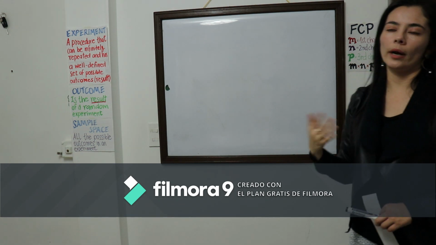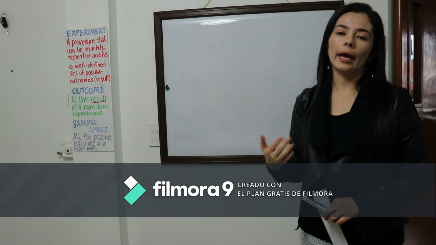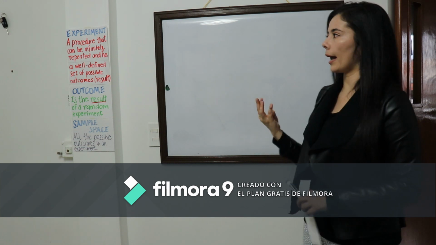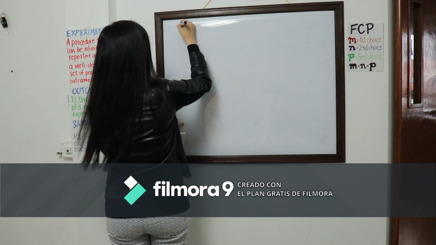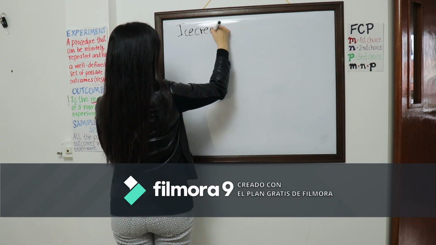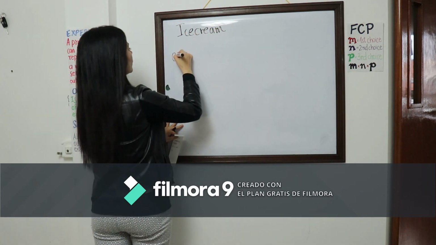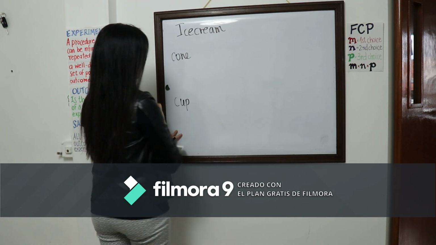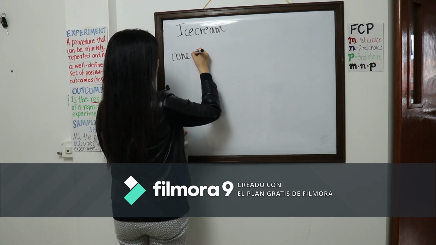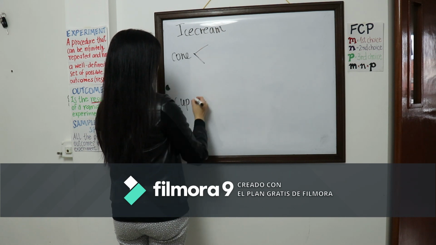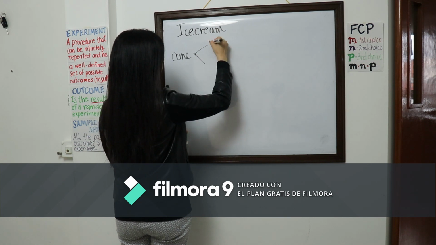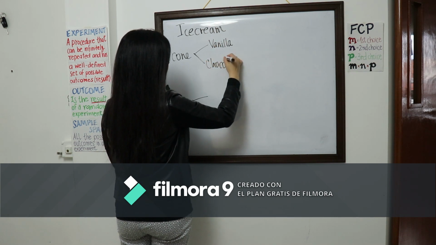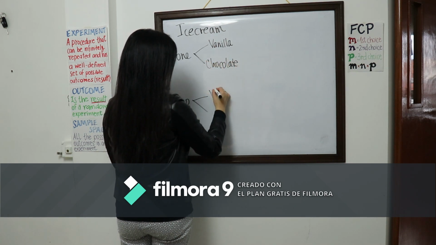Like if you want to get ice cream and you have flavors. We're going to get ice cream. We have these options, right? We have a cone or we have a cup. Then we have 2 options of flavors. We have vanilla and chocolate, right?